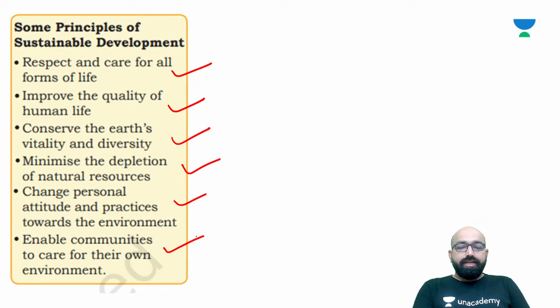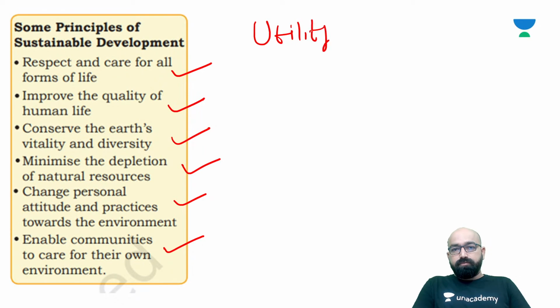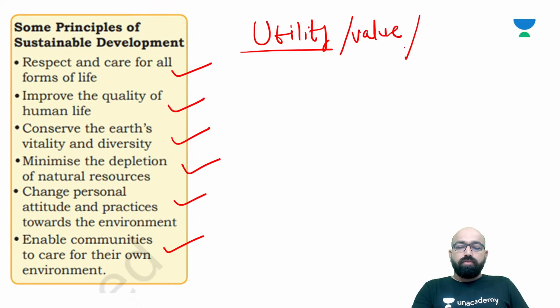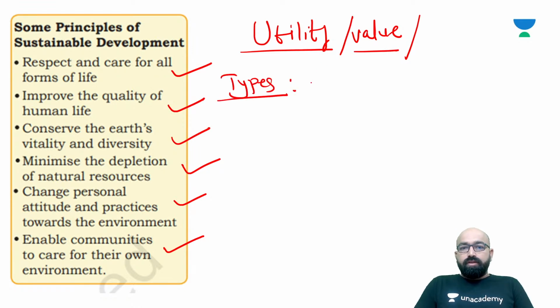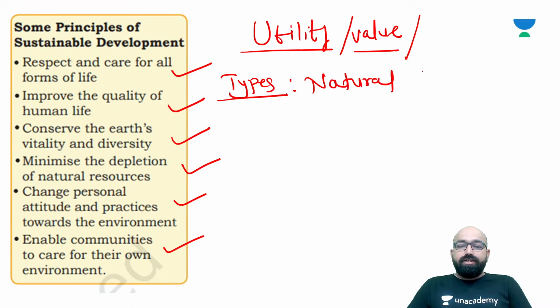So friends, here we have discussed resources. We started with utility, then value, then the types of resources, like natural resources, where natural resources are classified into different groups depending upon their level of development and use, origin, stock, and distribution.